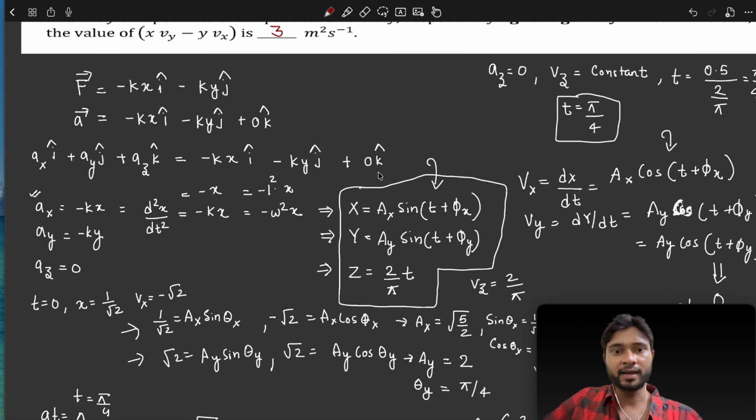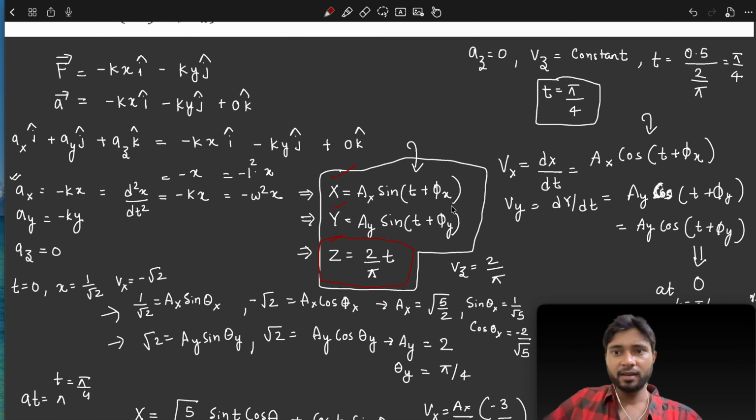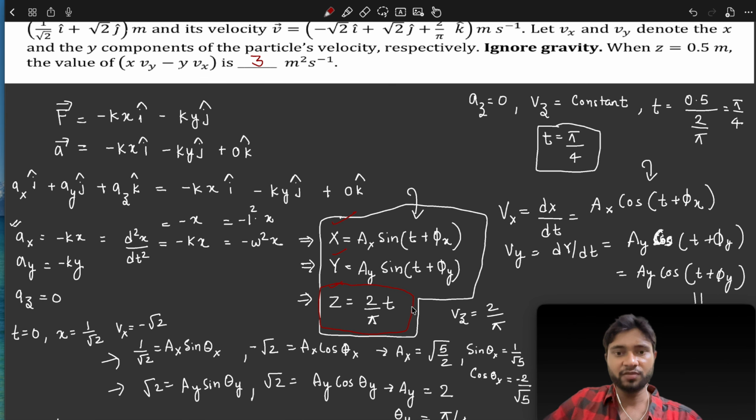So I wrote it like this: the particle is performing SHM in x direction, SHM in y direction, not in z direction. In z direction it was doing uniform motion. Okay, velocity was constant. Then with this fact that in z direction velocity is constant, I figured out at what time it will reach z equal to 0.5. So we got to know that at t equal to pi by 4 they will reach z equals 0.5.